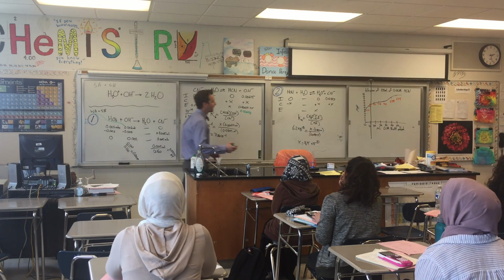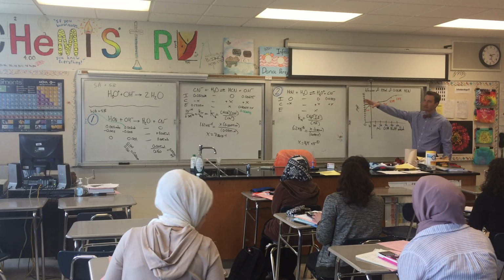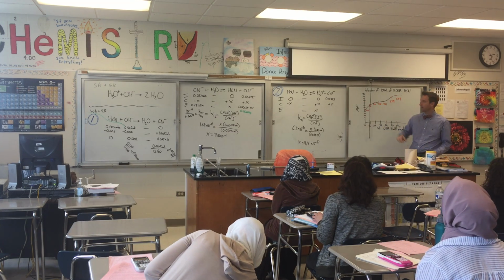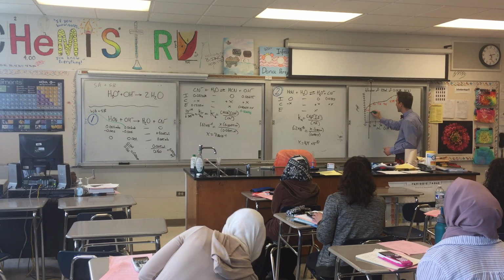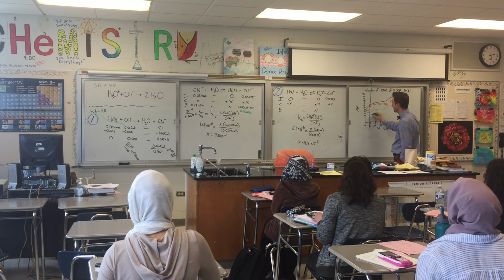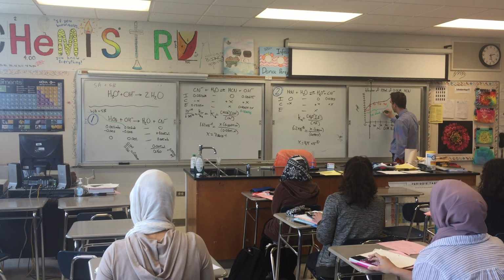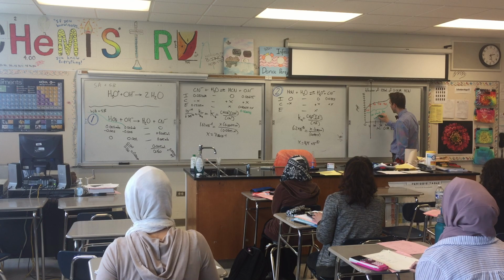At the very beginning, we just calculate the pH based on the weak acid equilibrium. Okay? We actually do that all the way up to the equivalence point. Use stoich, then weak acid equilibrium.